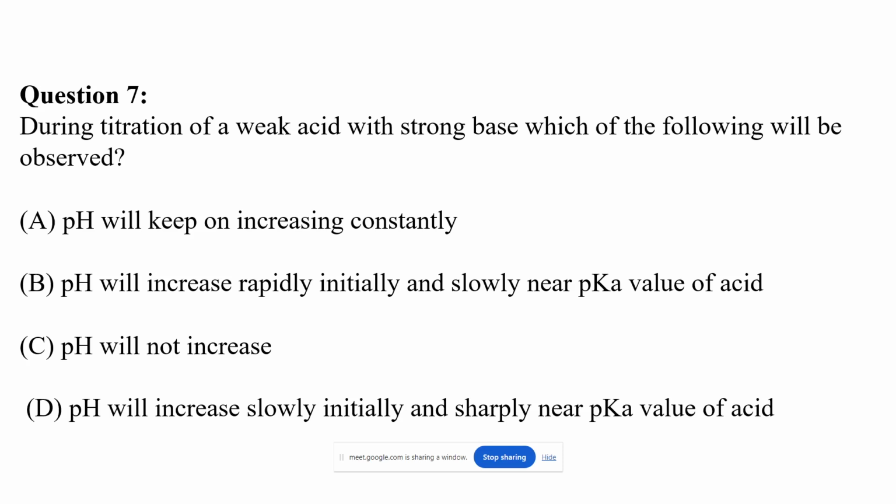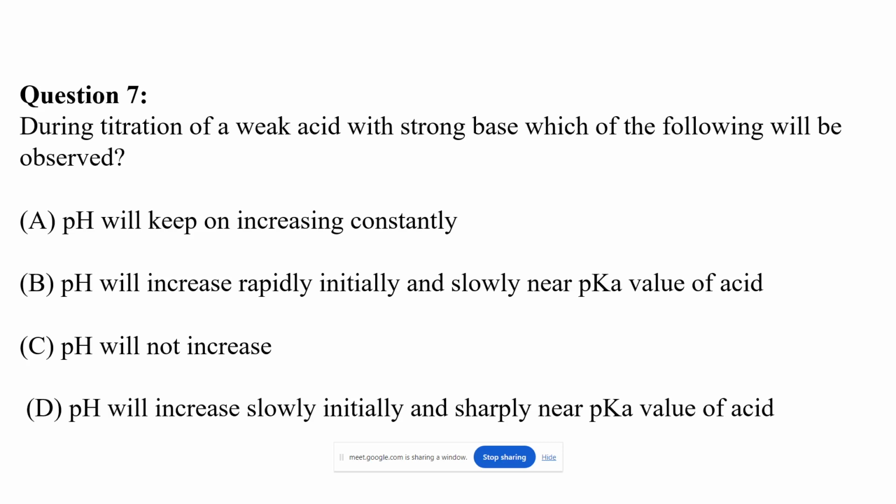Option A, pH will keep on increasing constantly. Option B, pH will increase rapidly initially and then slowly near pK value of acid. Option C, pH will not increase, and option D, pH will increase slowly initially and sharply near pK value of acid.